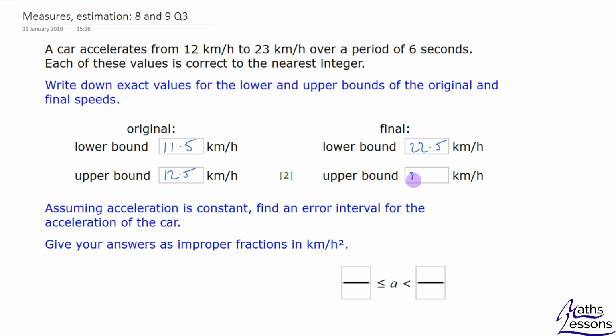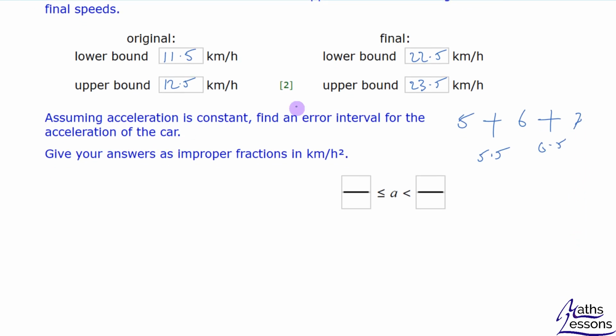And the upper bound is 23.5 kilometers per hour. And if we're assuming the acceleration is constant, we've got 6 seconds. So the time is going to be between, I'll show you my noddy way of working out boundary values, 5.5 and 6.5 seconds.